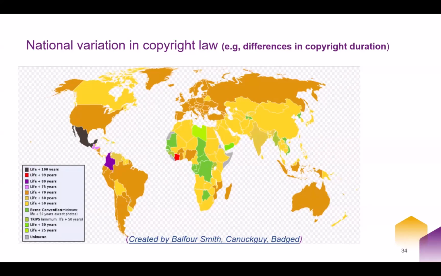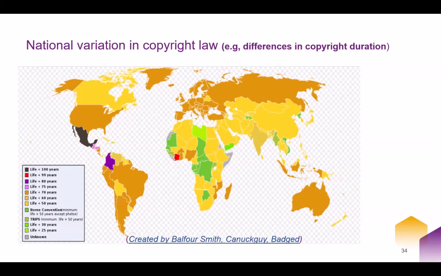So all the signatories of that convention abide by the standard duration with national variation. They could go plus 50, plus 60, 70, 80, 90, 100, but they must abide by the minimum standards.